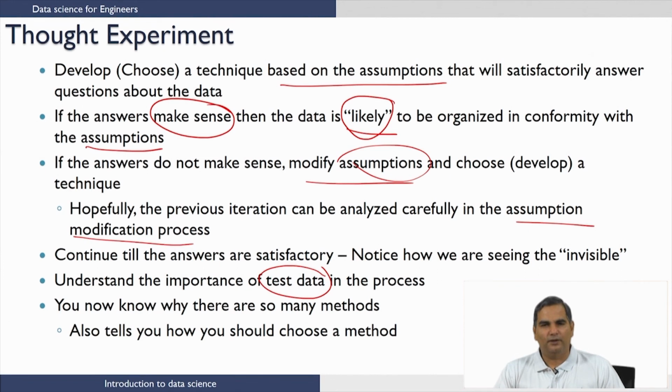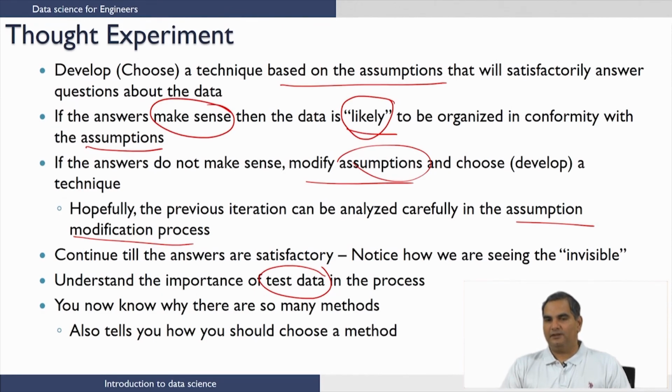Since there are so many assumptions, there are many combinations of assumptions you can make. There are many techniques which are fine tuned and developed particularly to solve problems where data is organized according to the assumptions that are used in the technique. So, that is the reason why you have so many techniques.